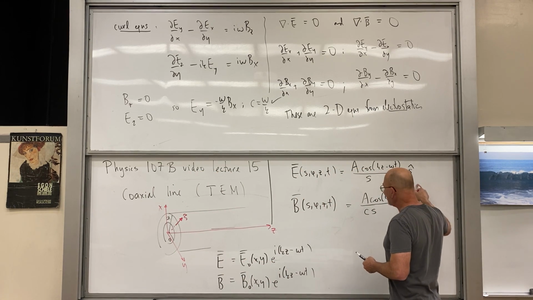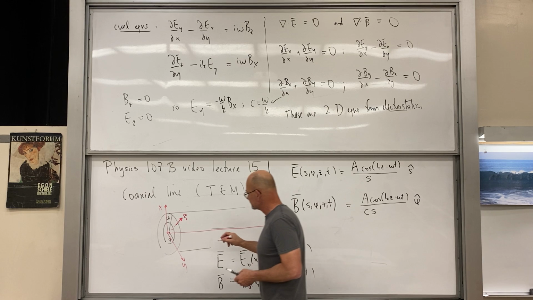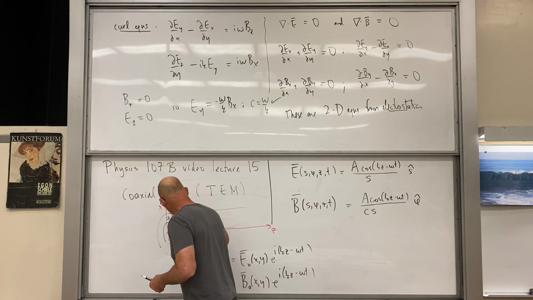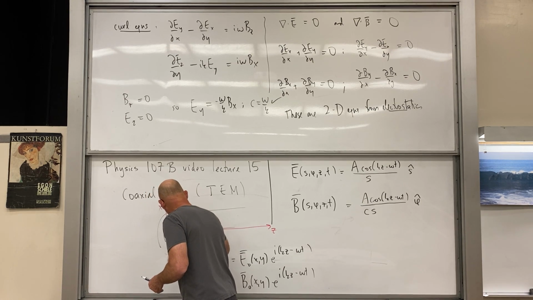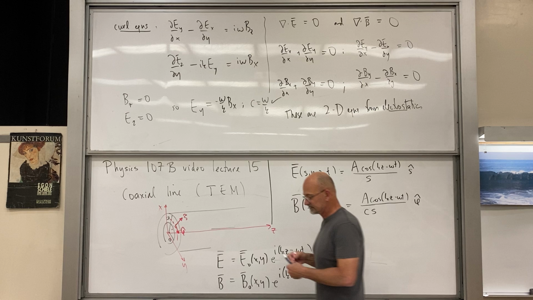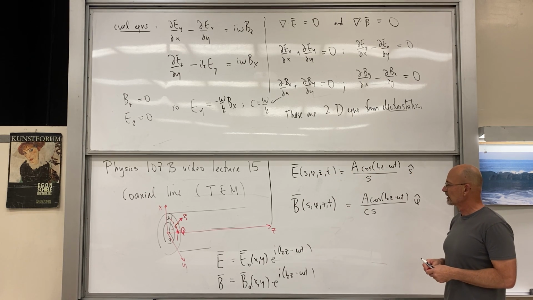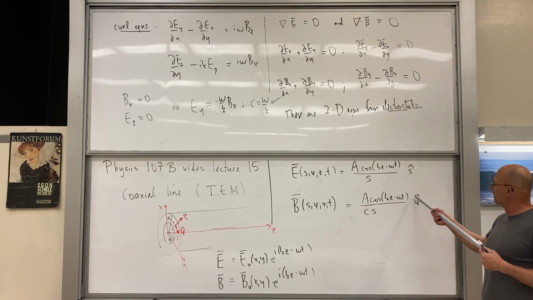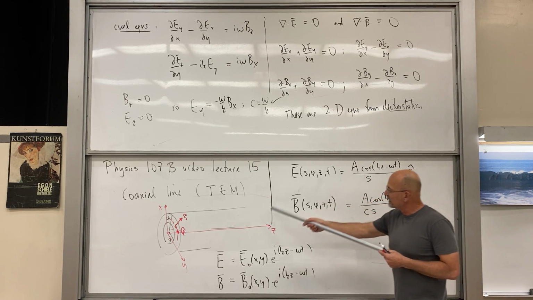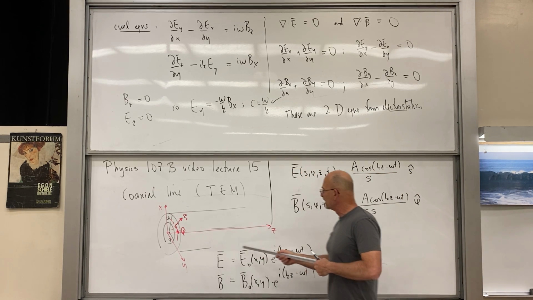And our phi hat is going to be tangent. Phi hat. So that's important. We're in cylindrical coordinates, and so notice the E field is directed radially outward.